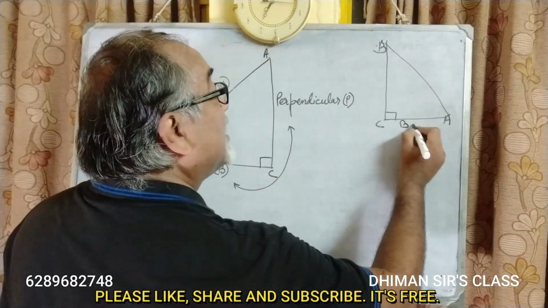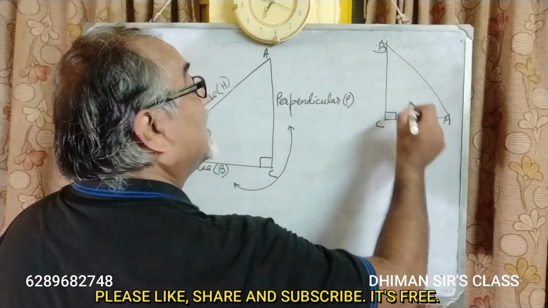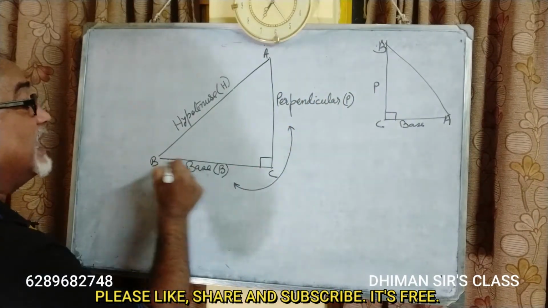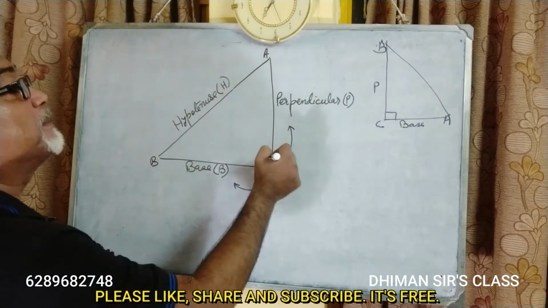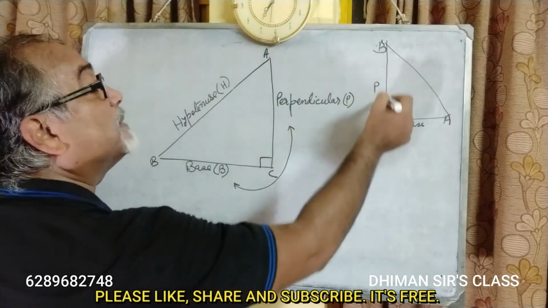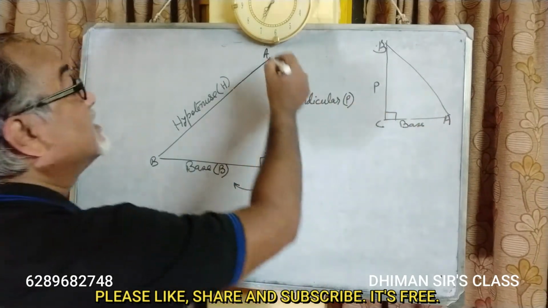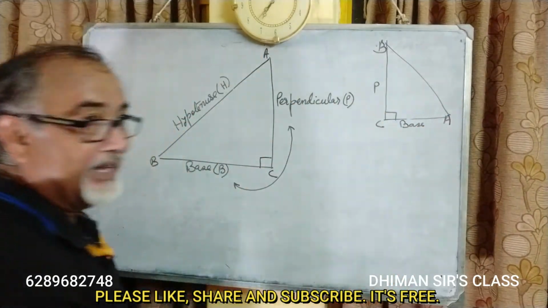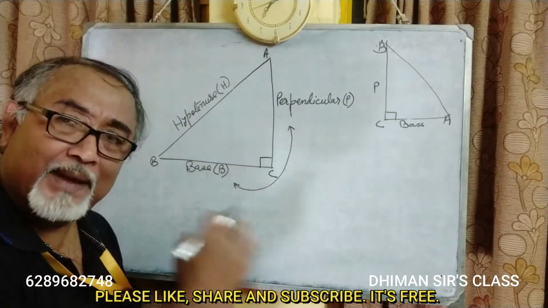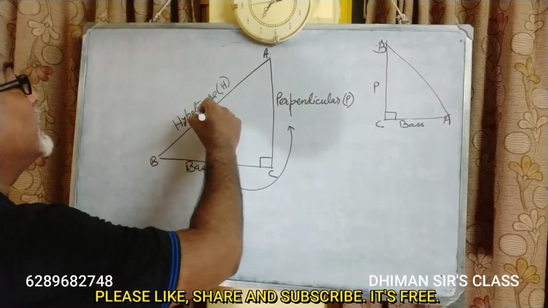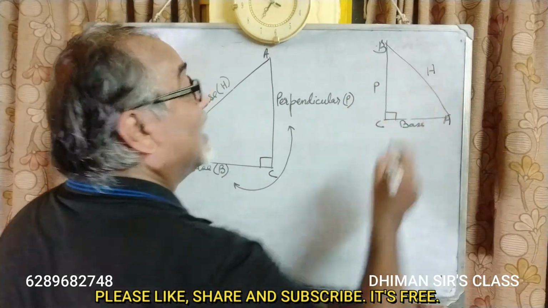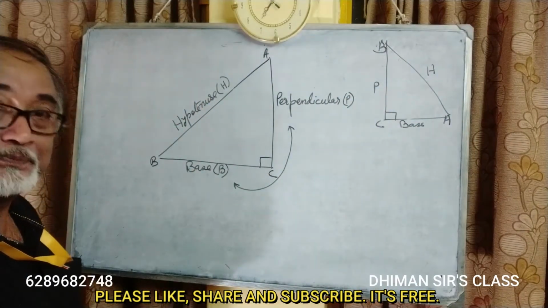Here AC becomes the base, and here BC becomes the perpendicular, but BC initially was the base and AC was the perpendicular in that diagram. So base and perpendicular may be interchanged, but the hypotenuse was AB in that diagram and it still remains the hypotenuse in this diagram also.